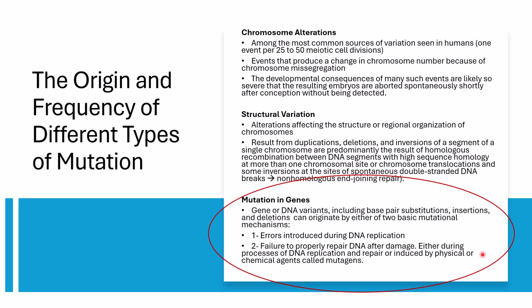So gene or DNA variants, including base pair substitution, insertion, or deletions, can originate from two basic mutational mechanisms: either errors introduced during DNA replication, or a failure to properly repair DNA damage, either during the processing of DNA replication and repair, or damage induced by physical or chemical agents called mutagens, which happens later on.